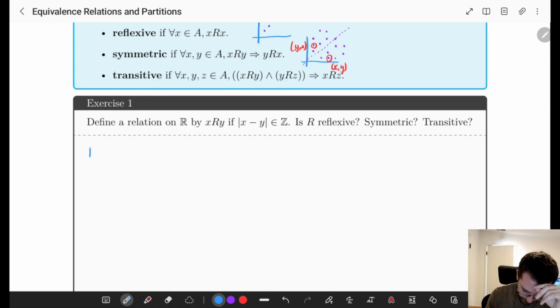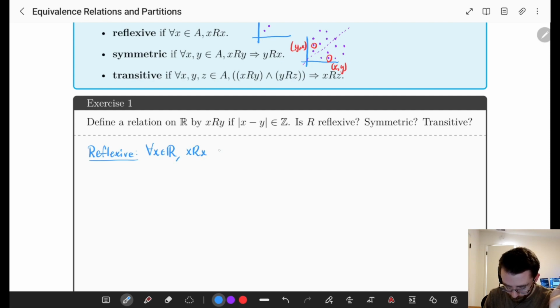First, is this reflexive? Well, let's see. Reflexive would mean that for all real numbers, x is related to itself. Let's write out what that means. Pretty much when I'm proving reflexivity, symmetry, or transitivity, I like to write out the formal logic most of the time, just because this xRx notation can be kind of ugly to work with.